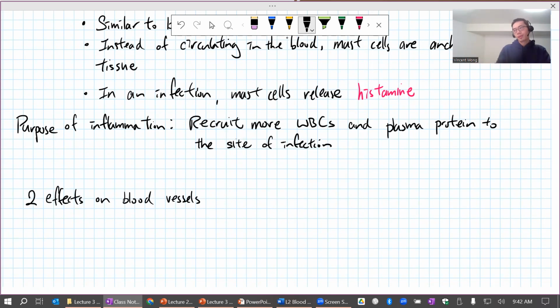Okay, so that's the purpose of inflammation. Even though inflammation hurts and it's not a pleasant thing to experience, the underlying purpose is to help clear the infection by bringing more white cells and more plasma protein to the site of infection.